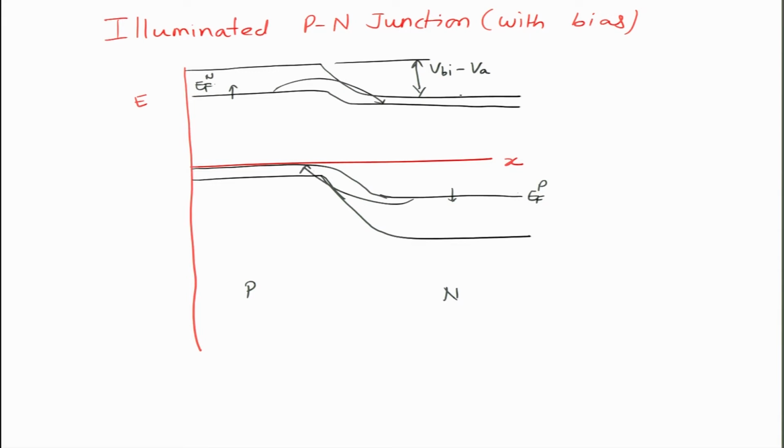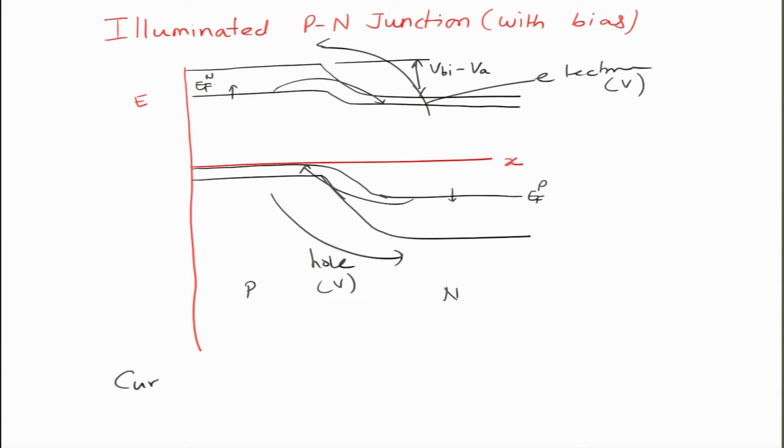This is now countered by hole migration and electron migration from the N side as a function of voltage, and this is what will give rise to your decrease in the current.